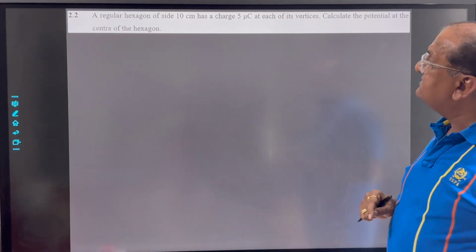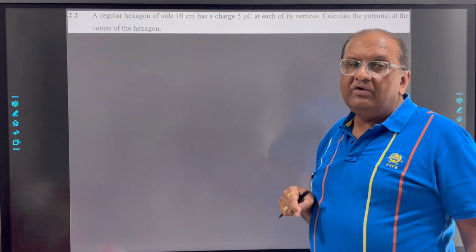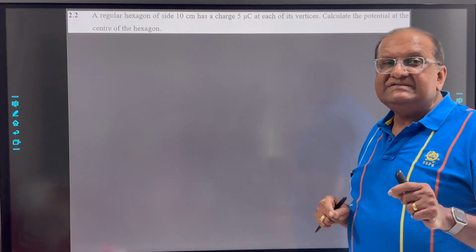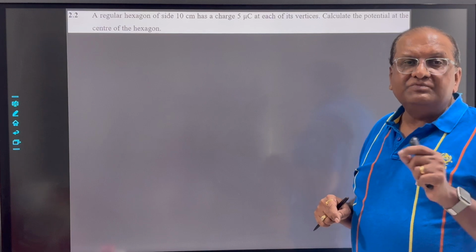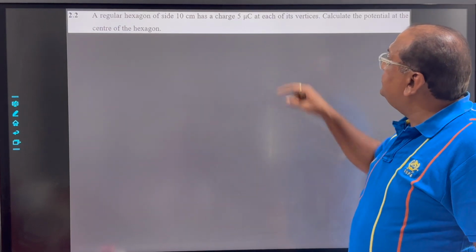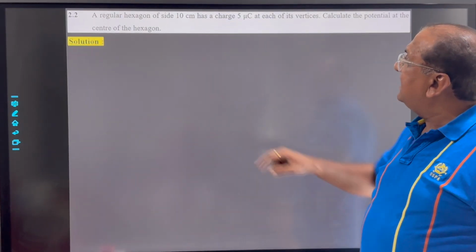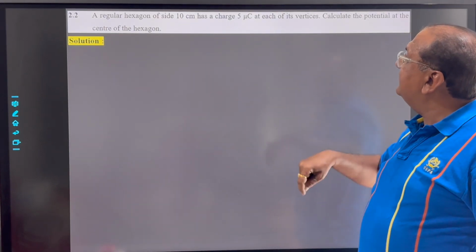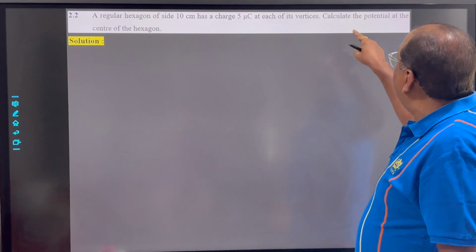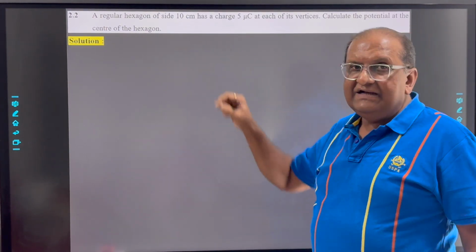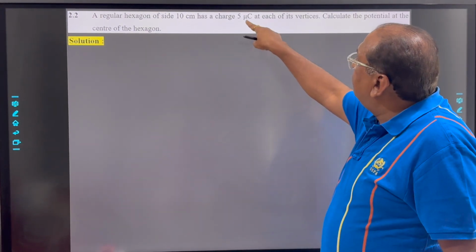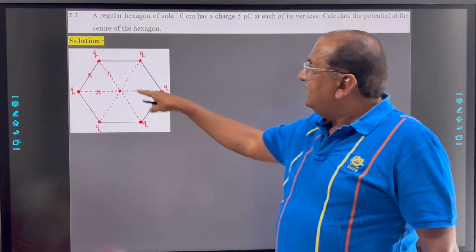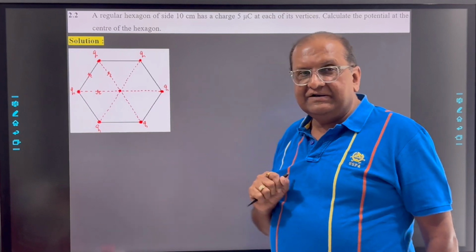Now the given hexagon is a regular hexagon with side 10 centimeter, which implies that each vertex is at the same distance of 10 centimeter from the center. Okay, so if we want to find the potential at the center, then from each charge the center is at a distance 10 centimeter.